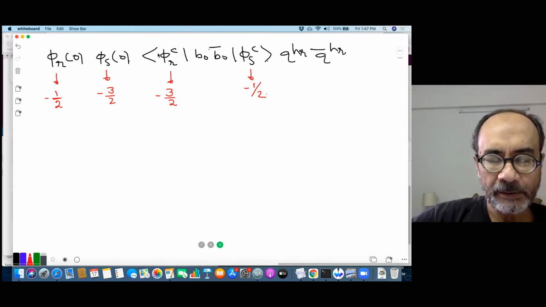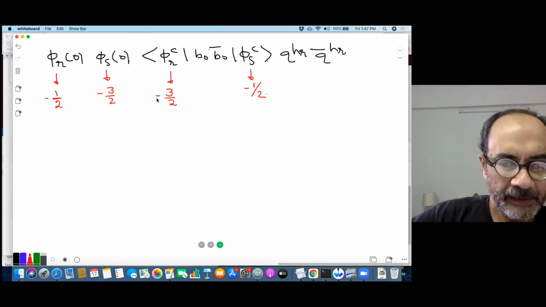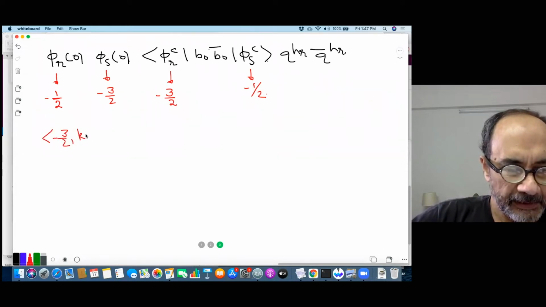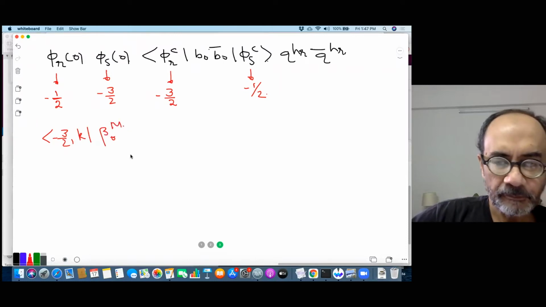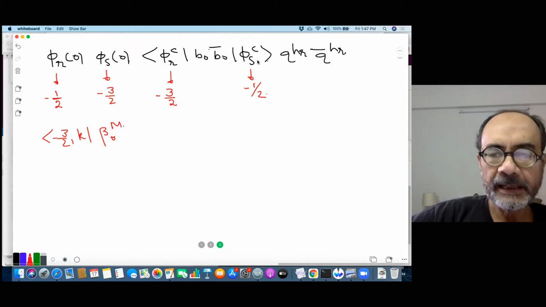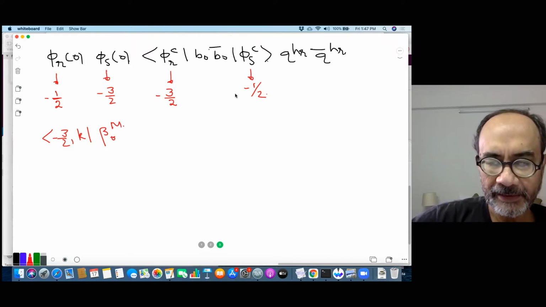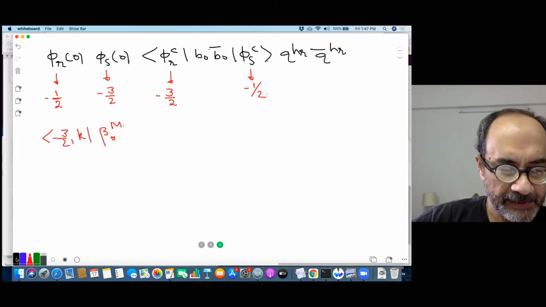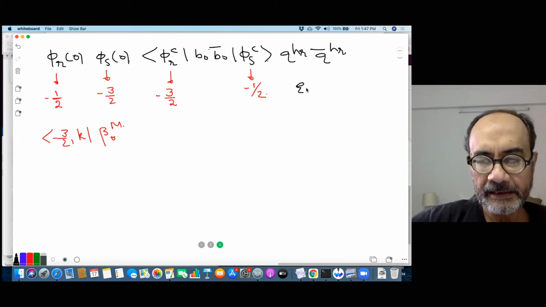Now let's see what happens. Here, as before, this is minus 3 half. So we can take minus 3 half k acting on beta naught to the m. This is a minus half picture, and on this the gamma 0 is non-zero. So this is another exercise.